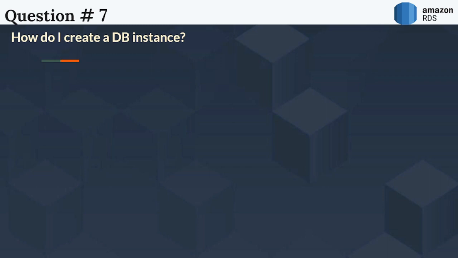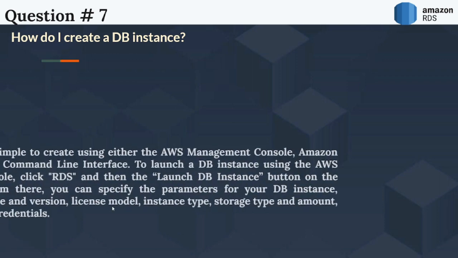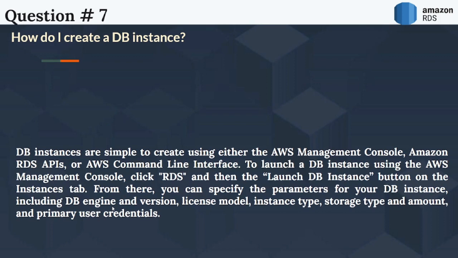So the next question is, how do I create a DB instance? DB instances are simple to create using either the AWS Management Console, Amazon RDS APIs, or AWS Command Line Interface. To launch a DB instance using the AWS Management Console, click RDS and then the Launch DB Instance button on the Instances tab.